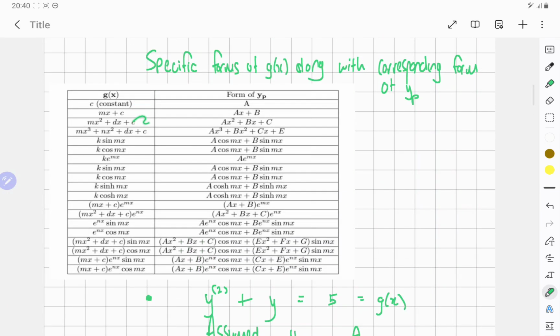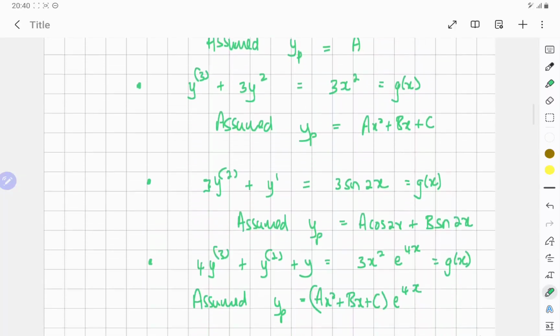So as you can see there, if g(x) is a polynomial, the corresponding form will be a polynomial. If g(x) is linear, the corresponding form will be linear. The same goes if it's a cubic, our corresponding form will be a cubic.